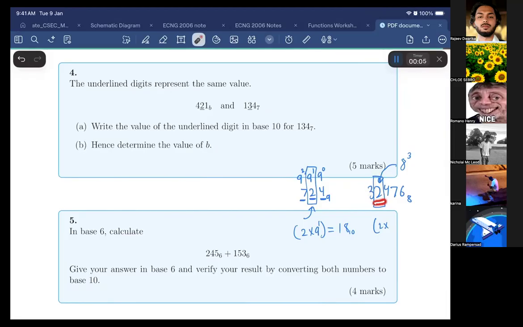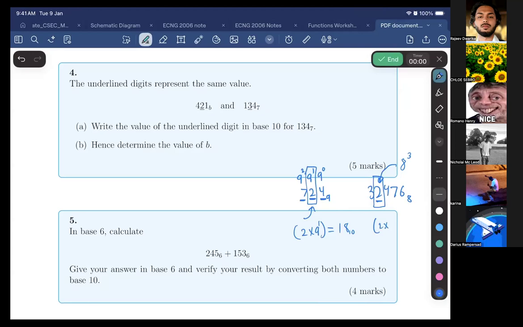So we have 2 here, and the place value is 8 to the power 3. So that'll be 2 multiplied by 8 to the power 3. Oh, okay, I saw what I did wrong. I calculated the whole thing. That would just be 8 to the power 3, which is 512. So 2 times 512, and you'll get 1024. And this will tell you the value of the digit in base 10.